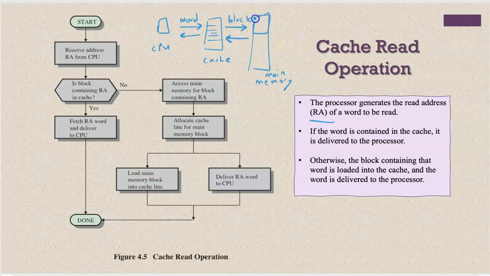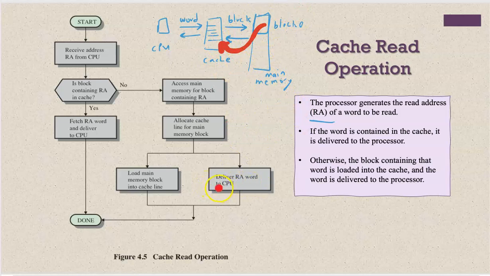It would map one block, let's say block 0, onto a line, let's say line number 20. That could happen. And at the same time, the main memory will deliver the read address word to the CPU.